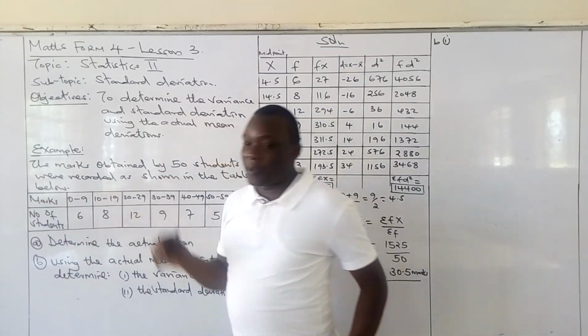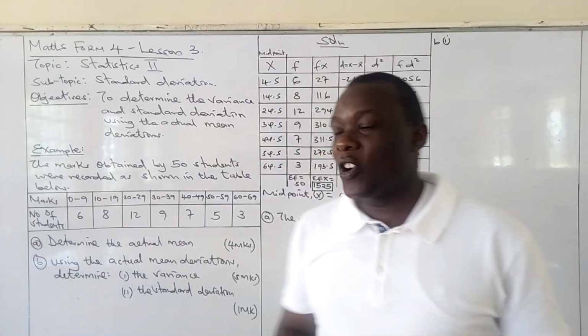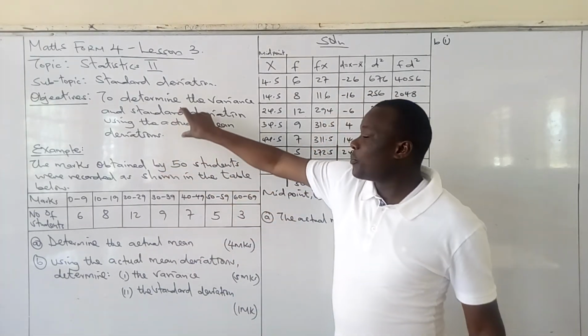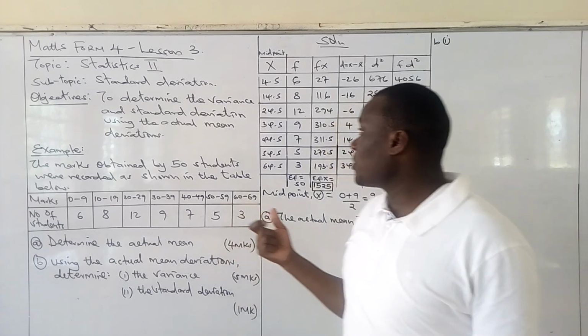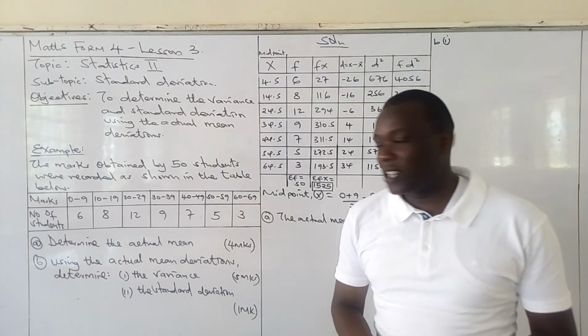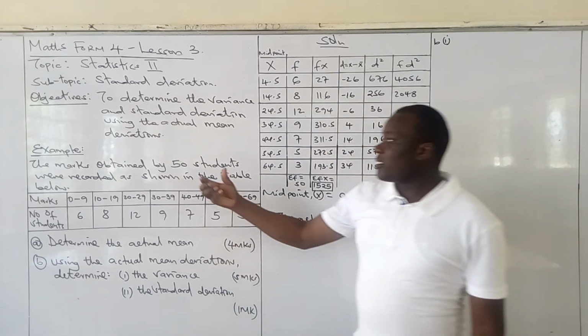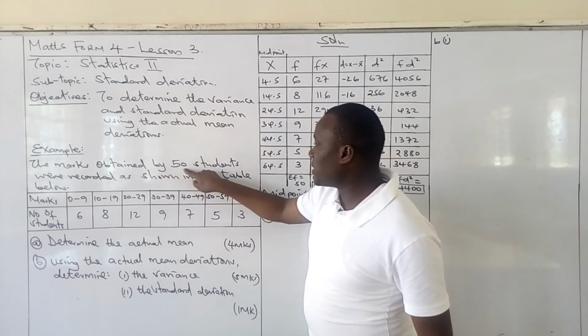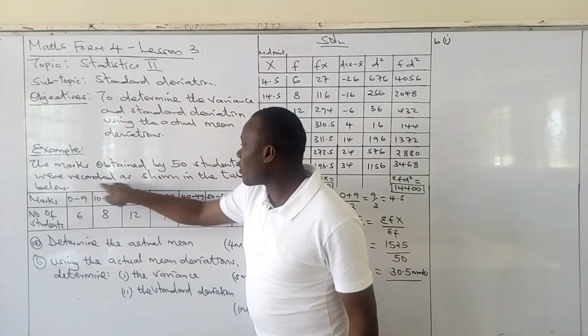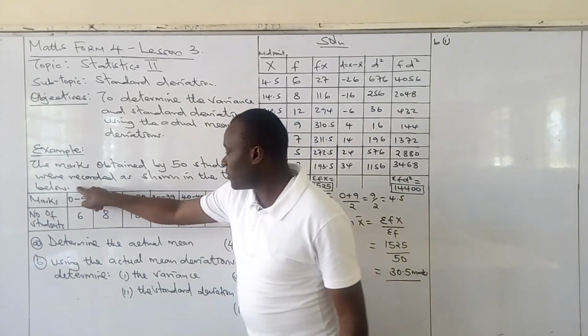It is in this particular example whereby we are going to achieve this objective of finding standard deviation and variance using the actual mean deviations. The question says the marks obtained by 50 students were recorded as shown in the table below.